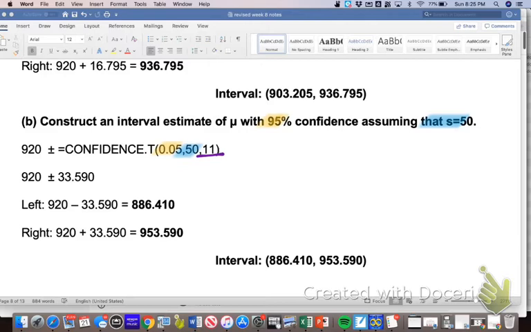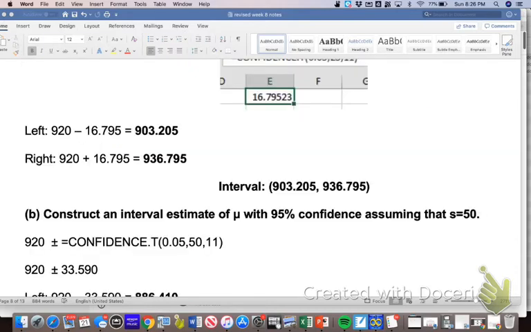Same thing, so I'm going to put this little formula into Excel. It'll get me this, and then I need to do 920 plus that number and 920 minus that number, which gave me this lower and the upper end of that interval. And then part C, you're still doing exactly the same thing, just with different numbers.